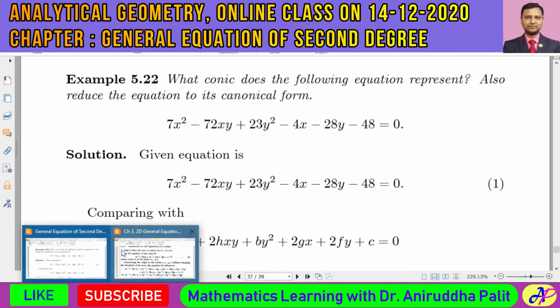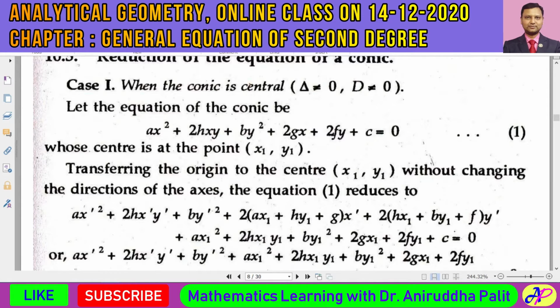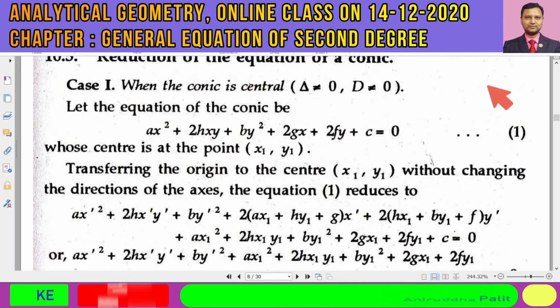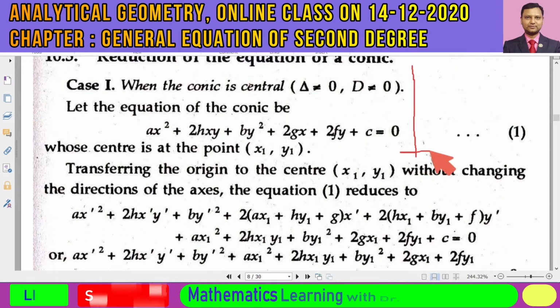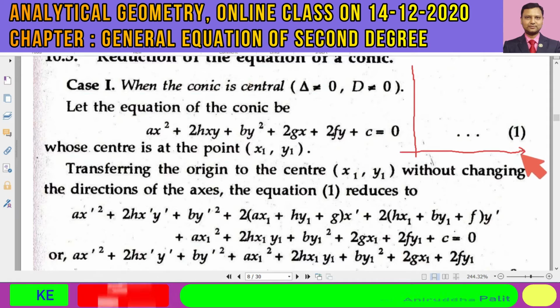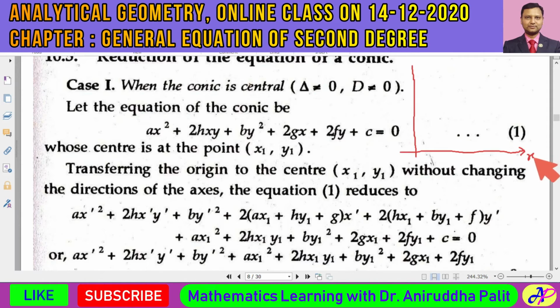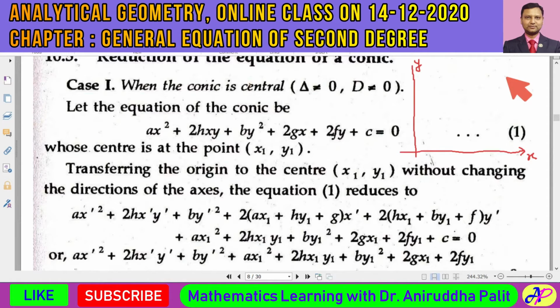Let's try to draw a picture. Suppose these are the coordinate axes. This is the x-axis and this is the y-axis.